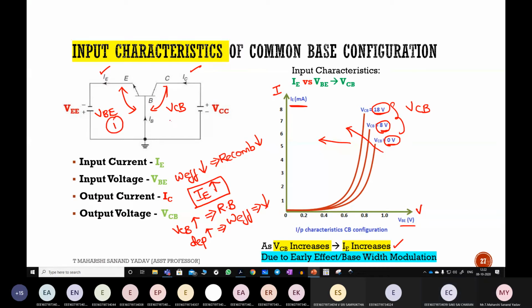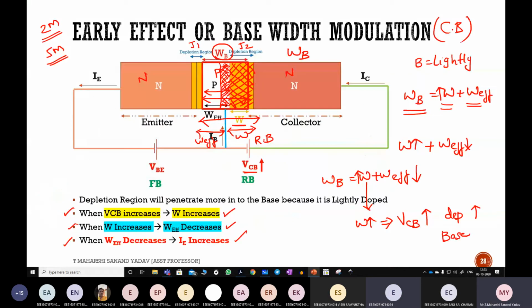In the second one, we have to take it for output, sir. How I got this graph? And the current. So can you explain to me about the early effect, which can also be called base width modulation? What is happening exactly? Quick. If you want the diagram, please see the diagram and explain.